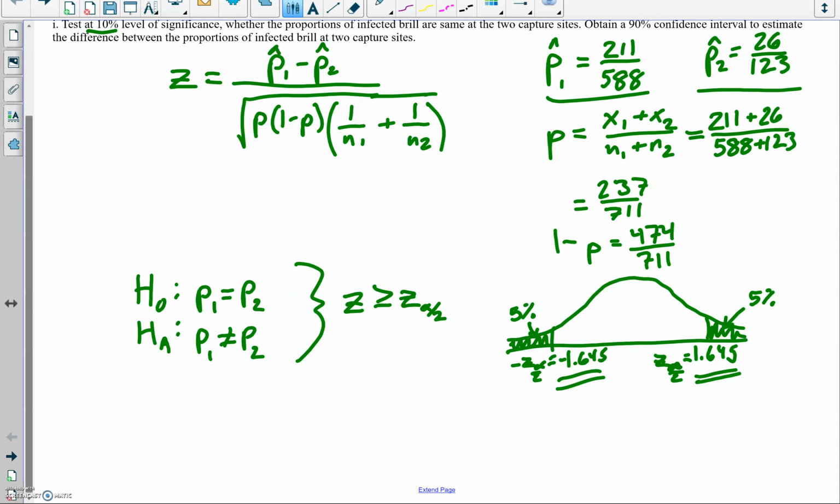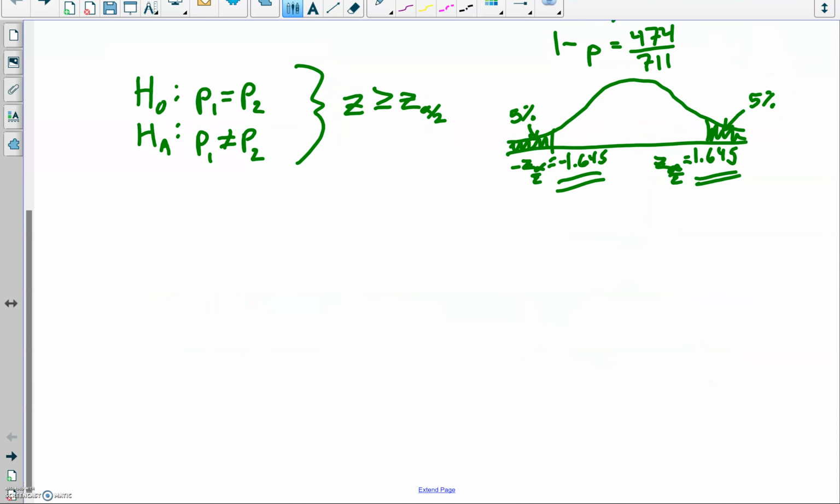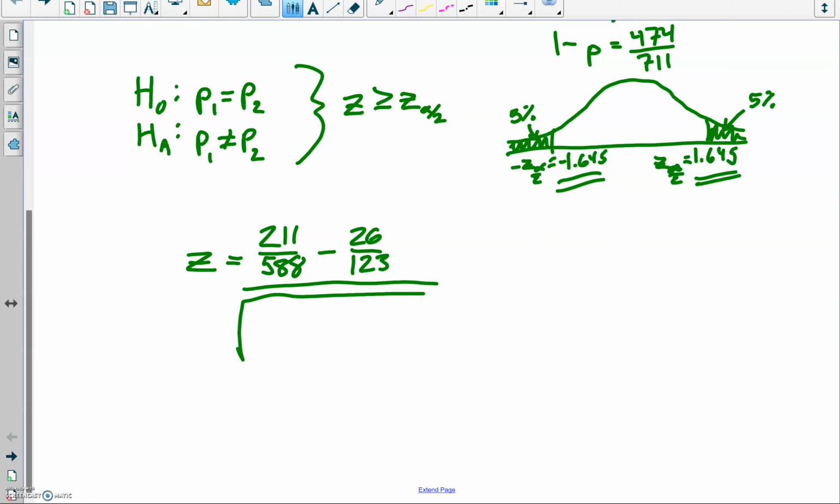Okay, so let's go ahead and put these values into the Z and actually see what we get here and decide if we're going to reject or fail to reject. So Z would equal, and let's see here, we got the p1 hat, so 211 over 588, minus the 26 over 123, just grabbing all those values from up top, and then a big square root here.